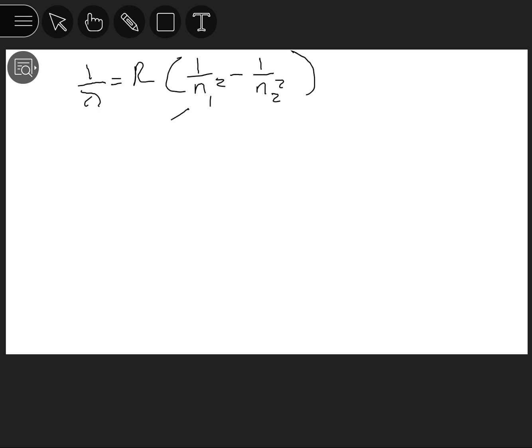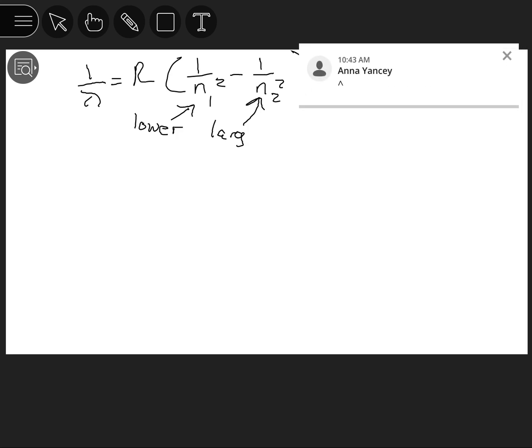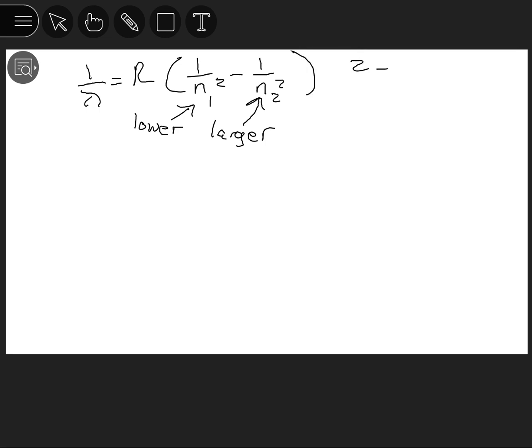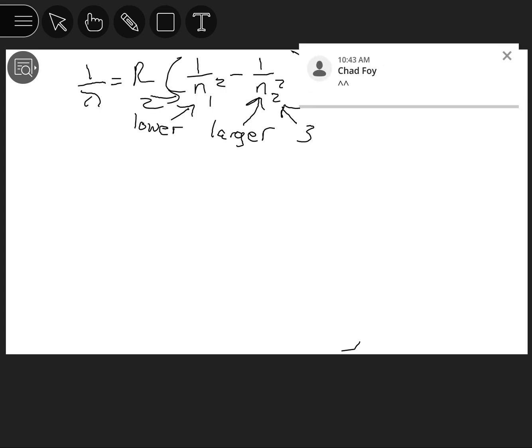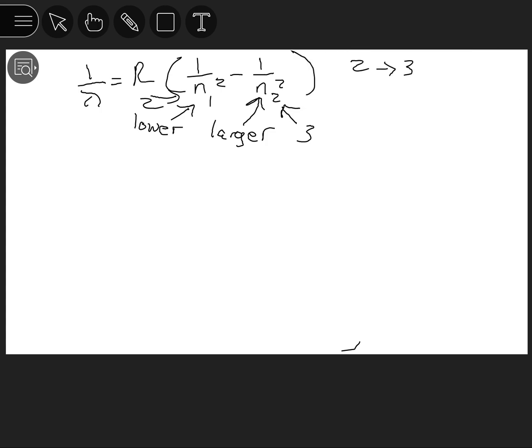In this case, n1 is going to be the lower energy level, which is always the lower number, and n2 is going to be the larger, higher number. So if we were going from 2 to 3, 3 goes here and 2 goes here, because it's the higher and the larger, and the smaller and the lower.